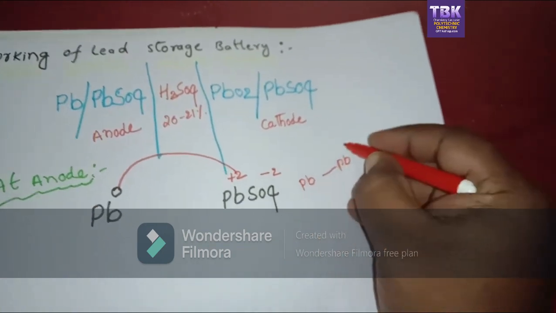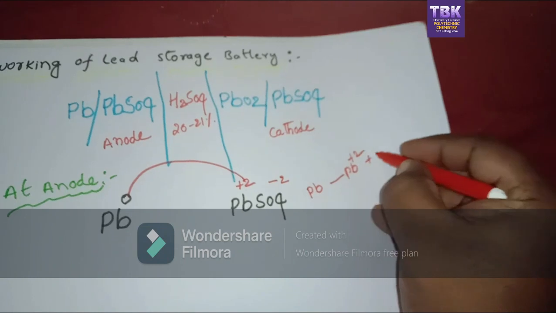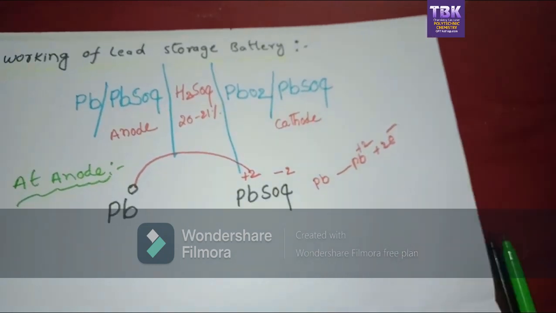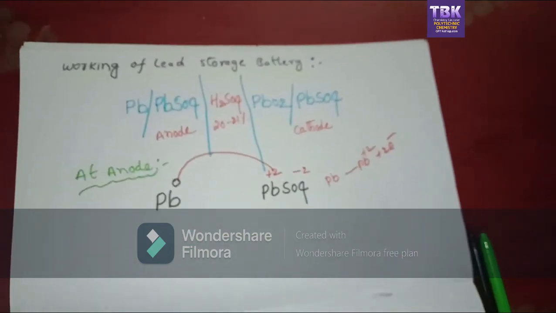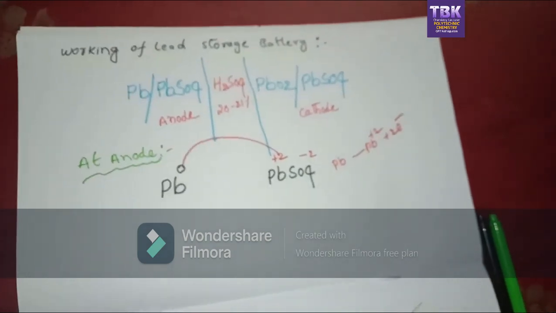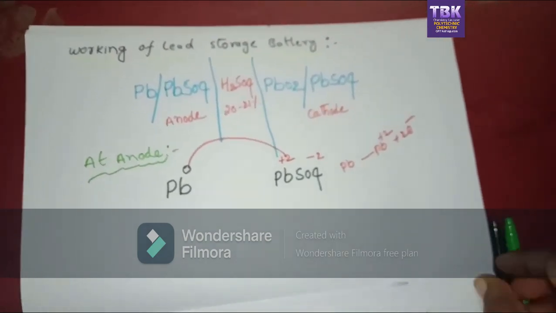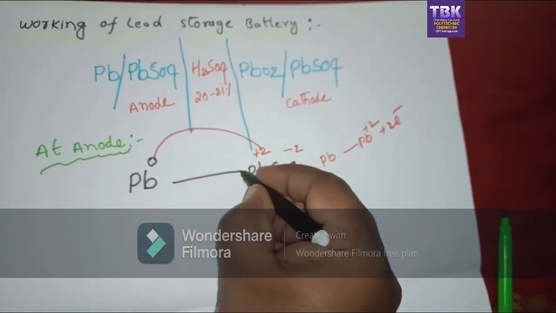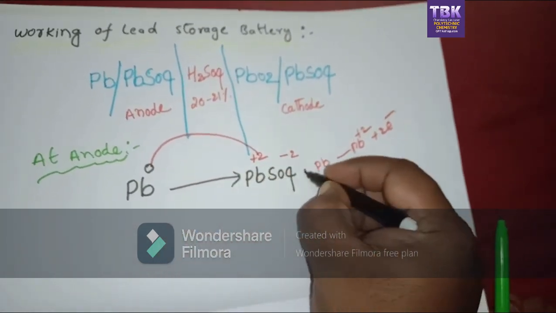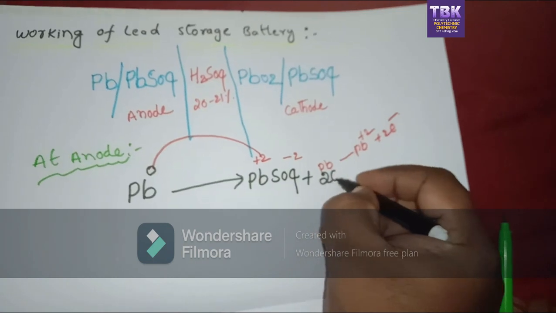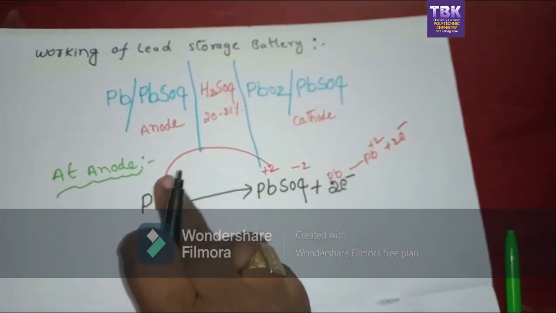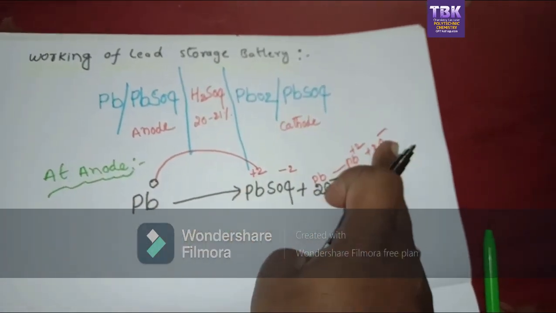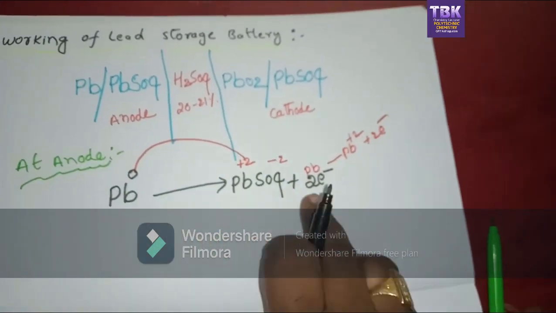When it is converted into Pb+2, it releases 2 electrons. So Pb is converted into PbSO4 by releasing 2 electrons. Is it clear? Pb is converted into Pb+2 by releasing 2 electrons. So it is the first reaction.